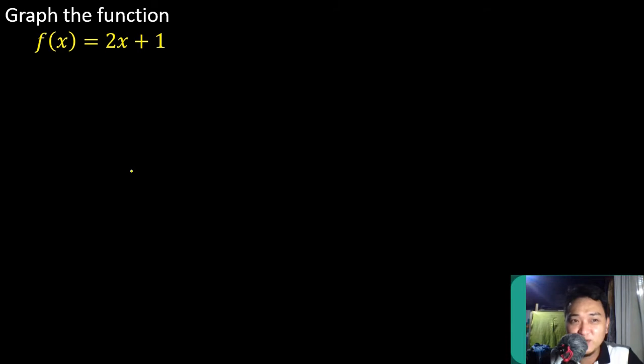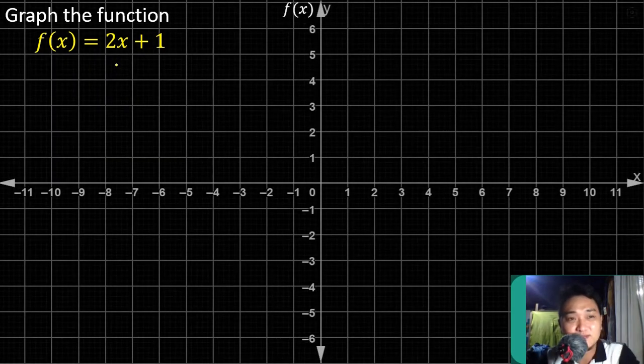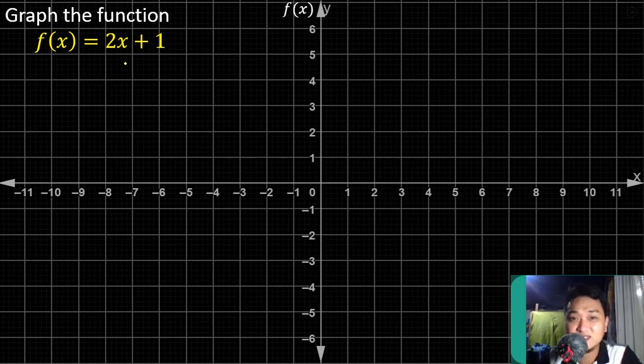So let's say we want to graph f of x is equivalent to 2x plus 1, or the function of x is equivalent to 2x plus 1. So ang gagawin natin, we're going to solve this function, and we will let a particular value for x.